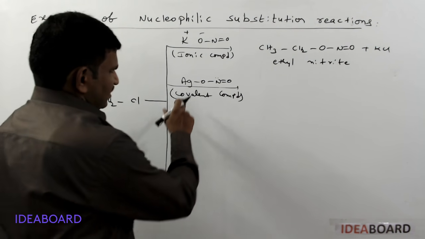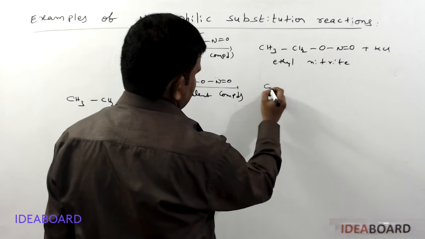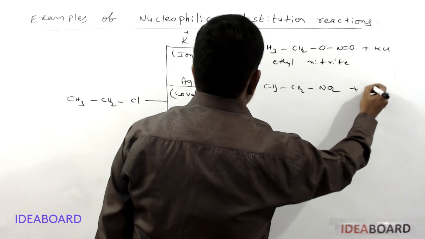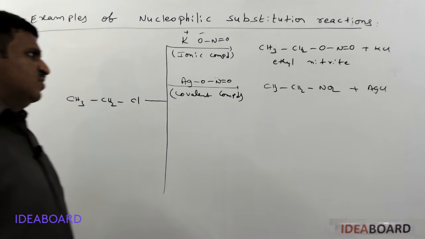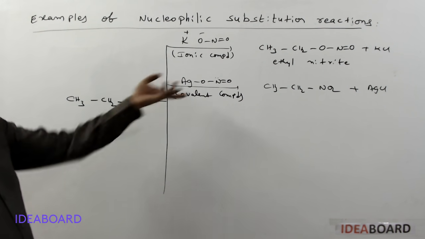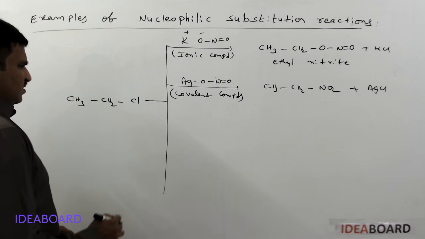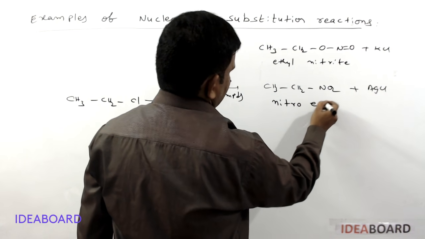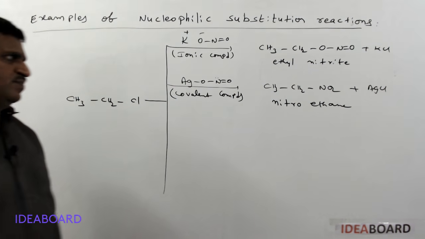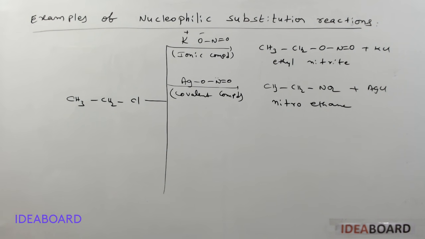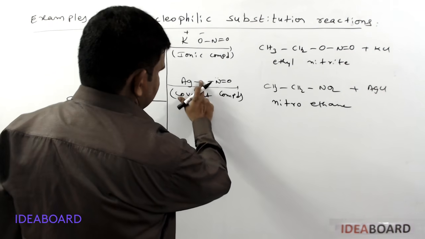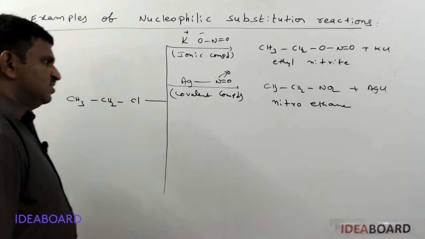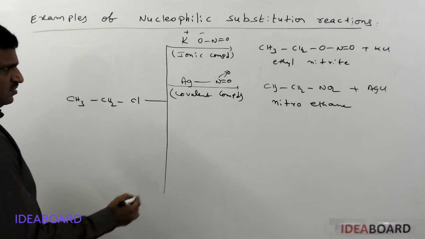Because of this, AgNO2 reacts at the nitrogen and forms CH3CH2NO2 plus AgCl. This is called nitroethane. Here it has the N=O bond, and nitroethane formation occurs. It is a covalent compound and nitroethane formation occurs.